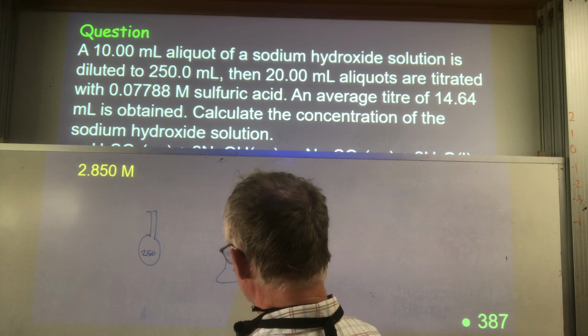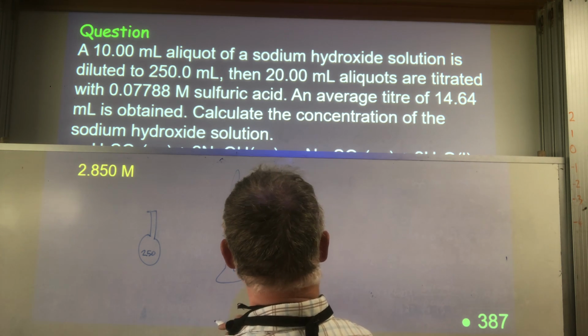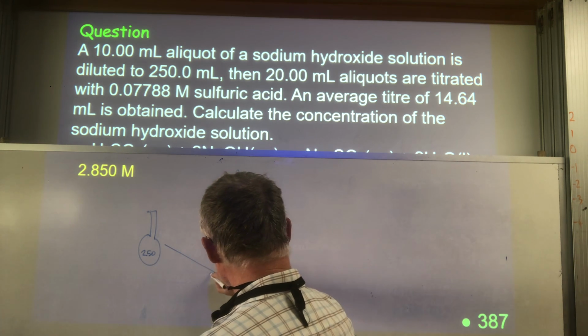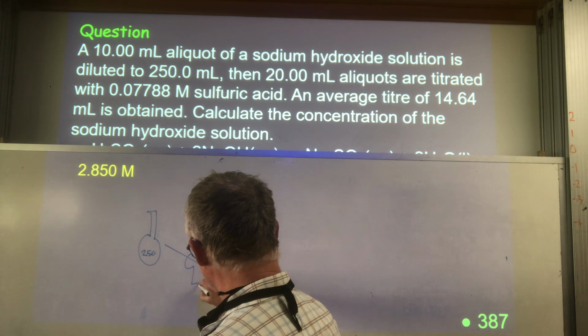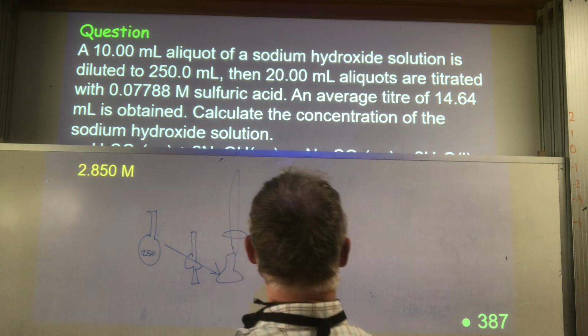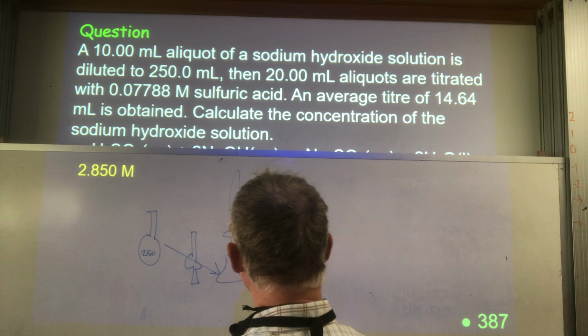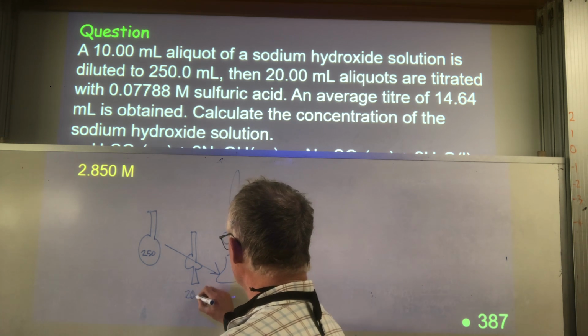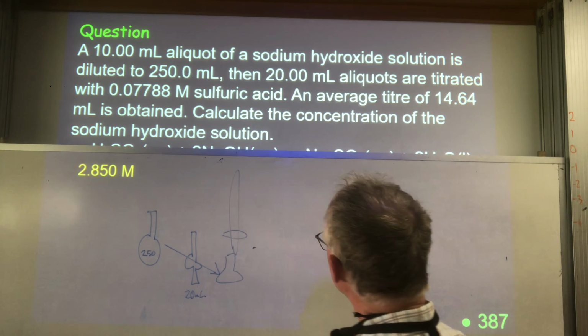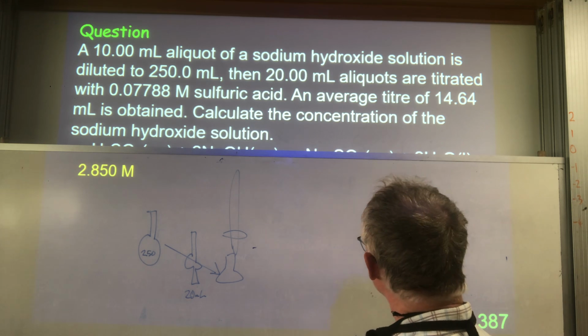Then we took aliquots. We titrated aliquots. What are the size of our aliquots? 20 mils. How did we prepare that dilution?